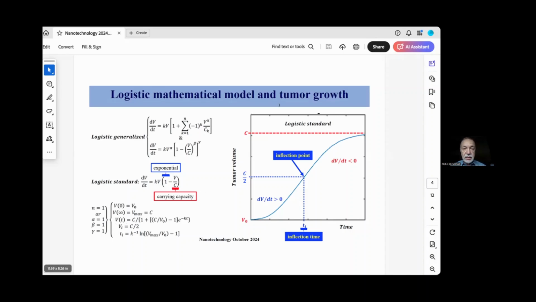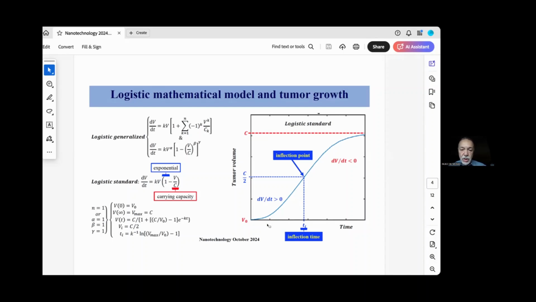If you look at the plot on the right-hand side of my slide, this is the typical plot of the first approximation of the logistic mathematical model: tumor volume versus time. The typical curve is the solid blue line.